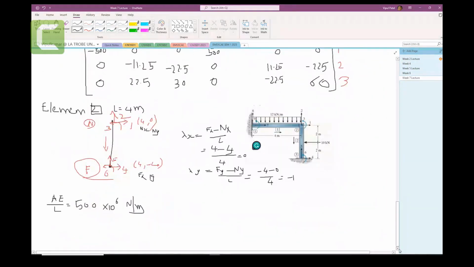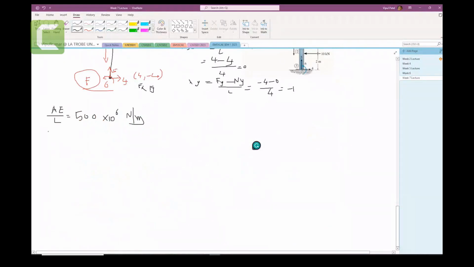Second, 12 EI on L cubed. Same thing as element number 1. We have 11.25 times 10 raised to 6 newtons per meter. Six EI on L squared, same thing, 22.5 times 10 raised to 6.